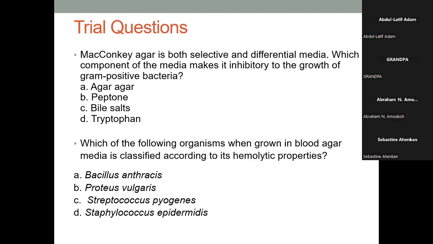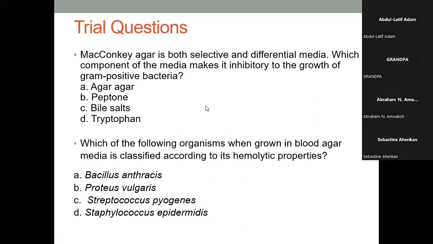So the bile salts. We said that MacConkey contains bile salts, and because of that it allows the growth of the Enterobacteriaceae. Abraham, can you unmute if you're not? Okay, thank you.